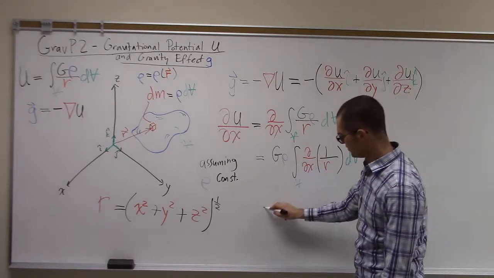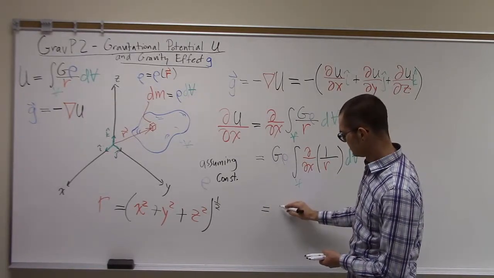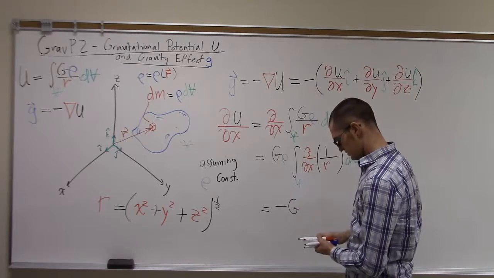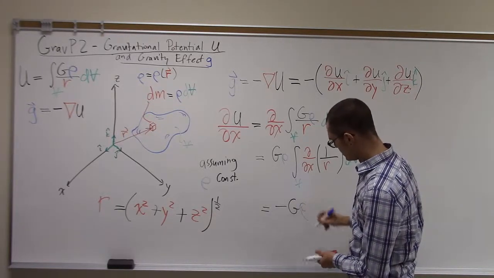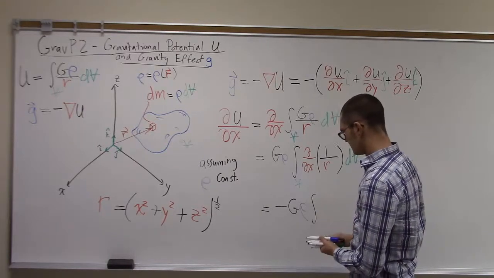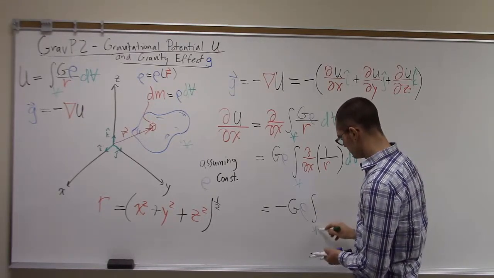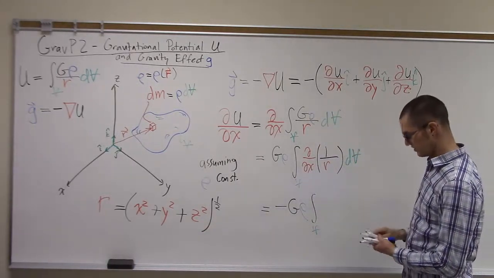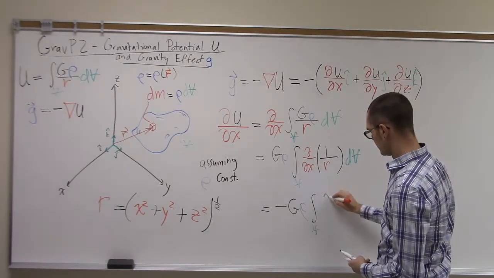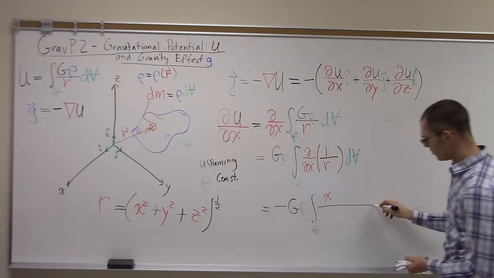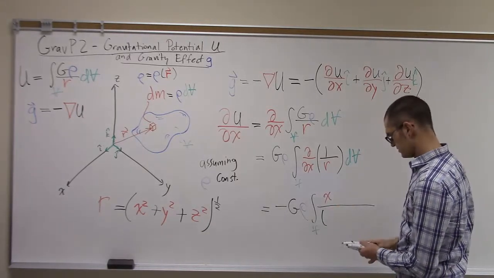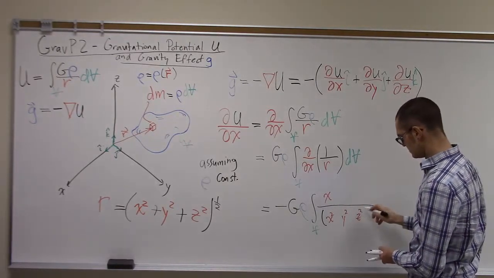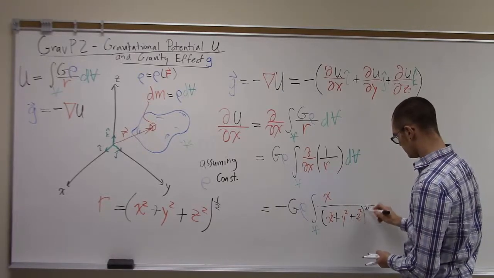We can say that it's equal to negative G rho integral over the volume, and evaluating this integral by making this substitution, we find that it works out to x over (x squared plus y squared plus z squared) to the 3 over 2.